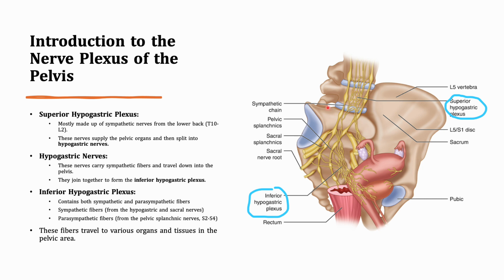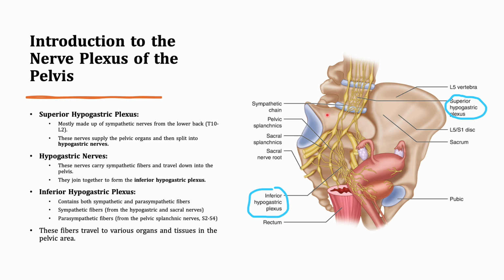These nerves are what supply the pelvic organs, and then it's going to split into the hypogastric nerves that are not labeled here. There's an inferior one here, but we're going to get into that.